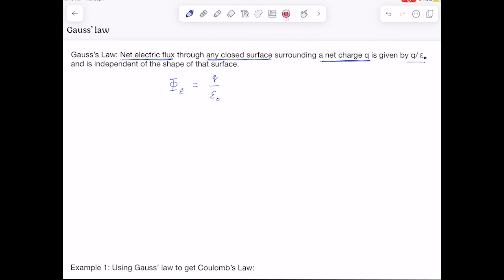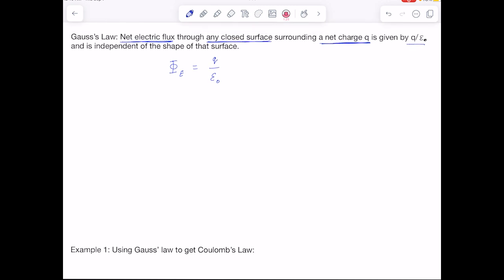So if you have, let's say, a distribution of charge where you've got plus Q, minus Q, plus Q, and these charges are just hanging here, you can imagine a Gaussian surface, right?